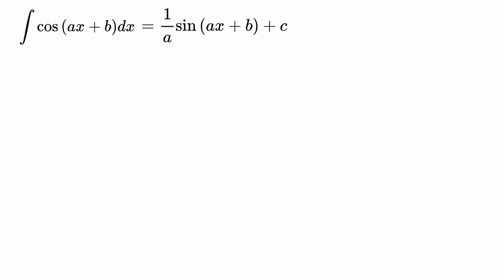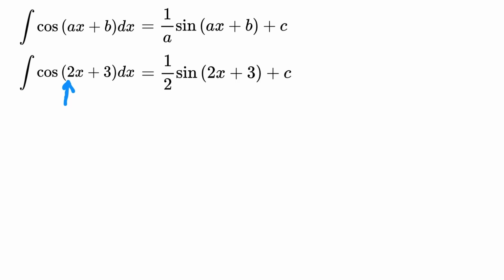Now, let's practice using the integral formula to solve. Integral of cos of 2x plus 3 dx. Here, a equals 2, so the integral equals 1/2 sin of 2x plus 3 plus c. Integral of cos of 7x plus 1 dx.